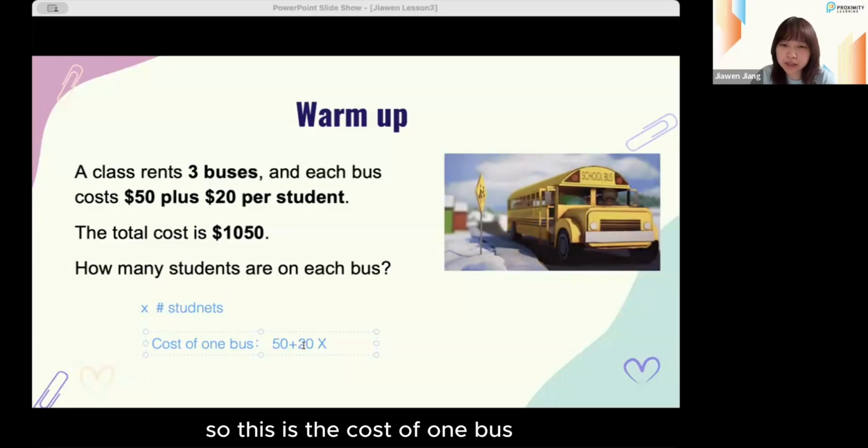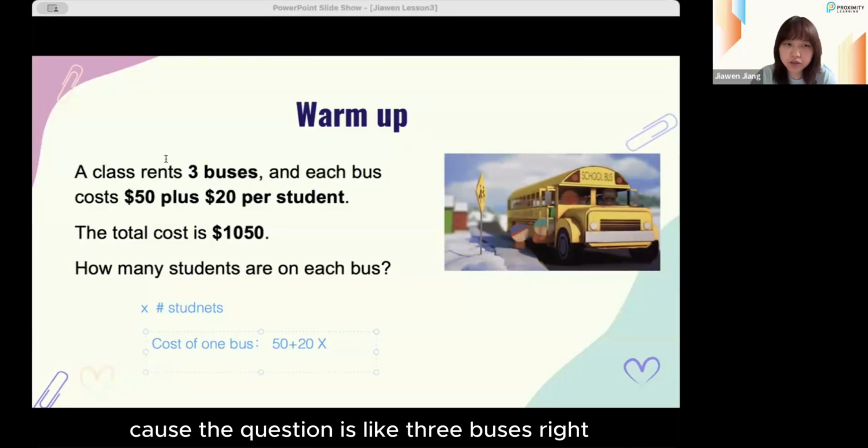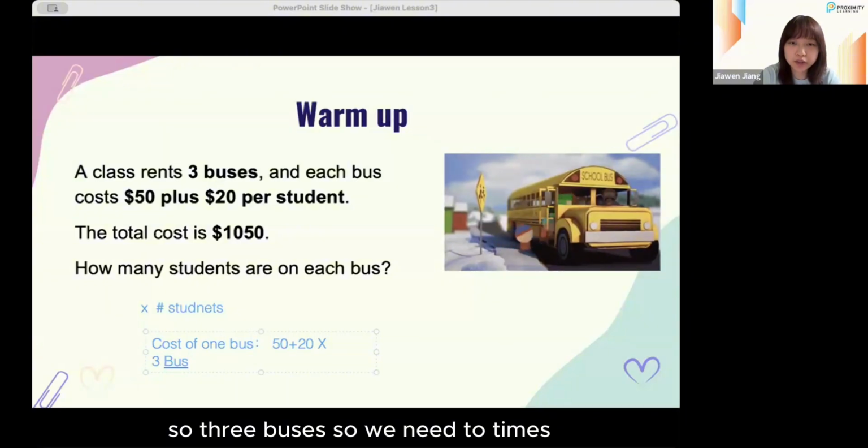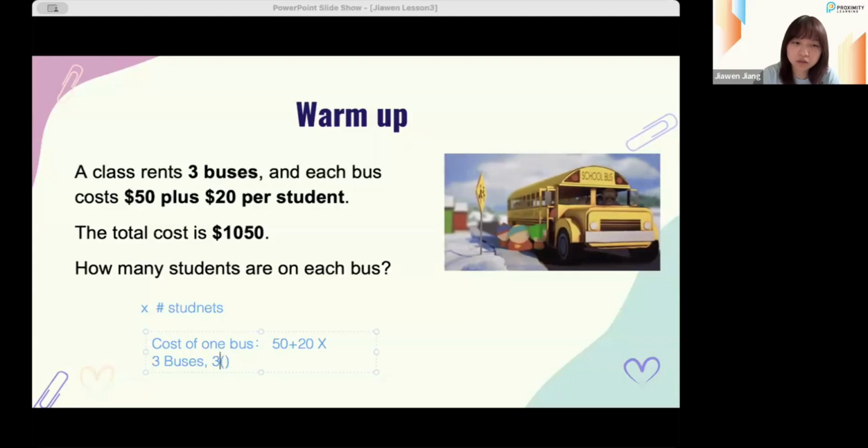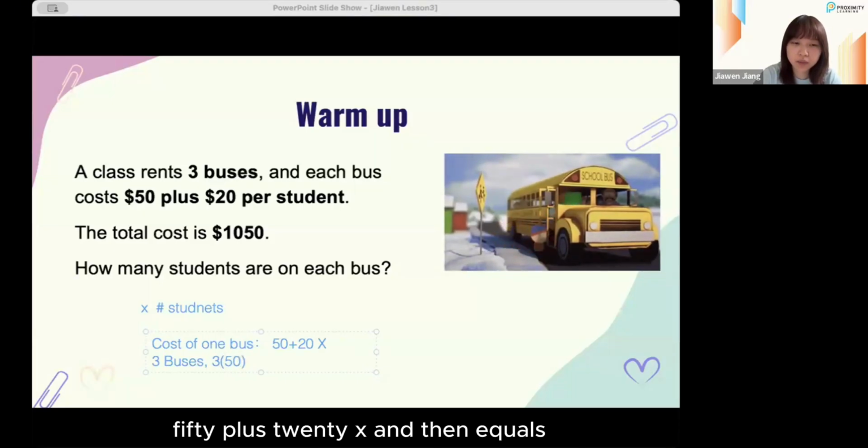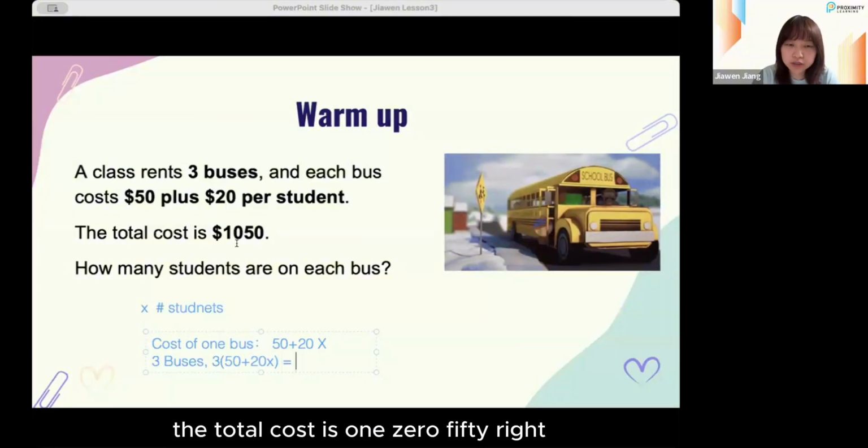This is the cost of one bus. And because the question has three buses, we need to multiply by 3. So 3 times (50 plus 20x), and that equals the total cost, 1050, right?